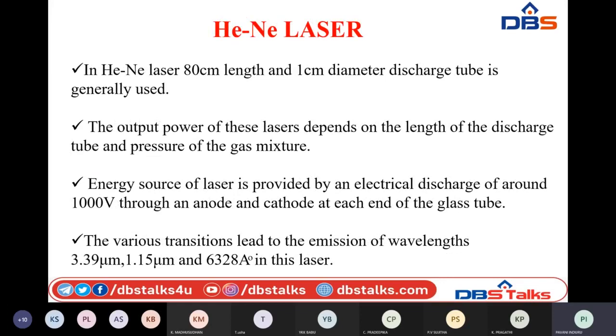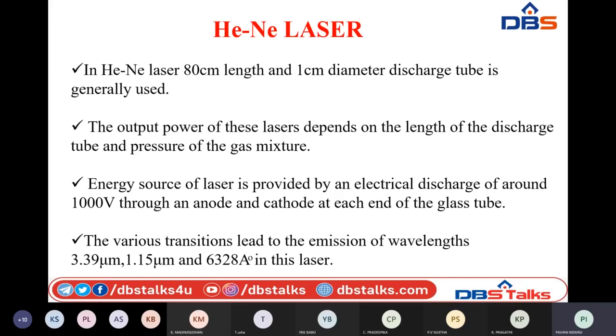For the discharge tube we supply external voltage. That means in the helium neon laser we use the process called electrical discharge pumping. We supply 1000 volts to the discharge tube. The discharge tube length is 80 centimeters and its diameter is very small, 1 centimeter.